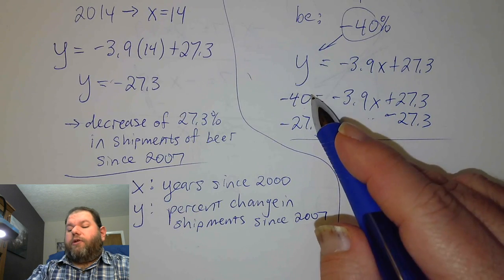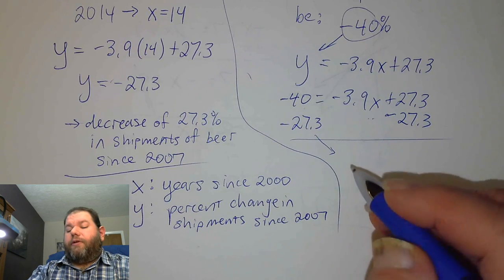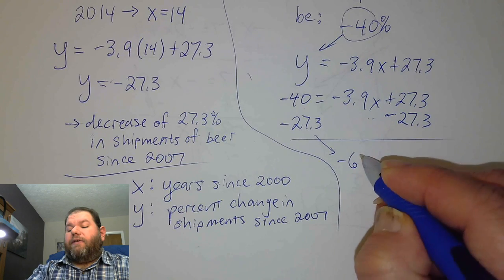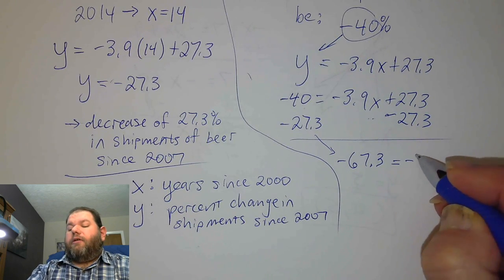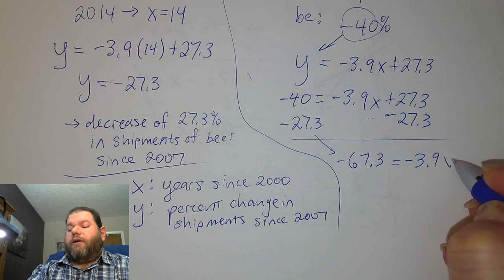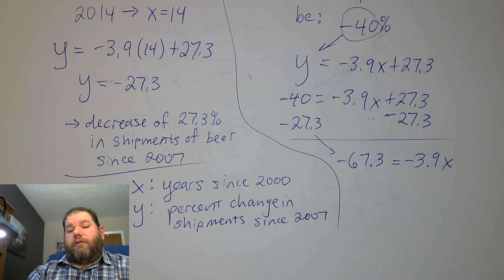So negative 40 minus 27.3 is negative 67.3, and then negative 3.9x. Don't let the decimals confuse you. We treat it the same as any other number as far as how we manipulate the equation.